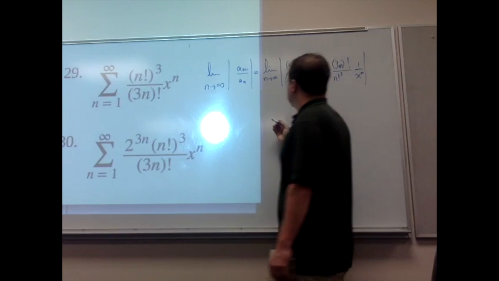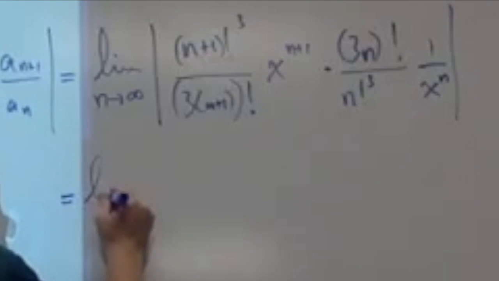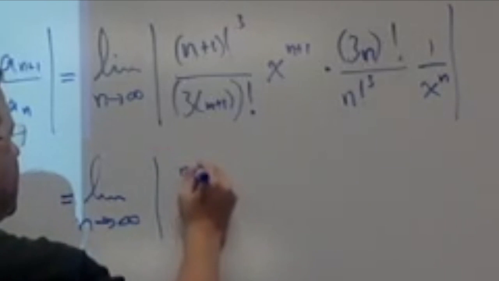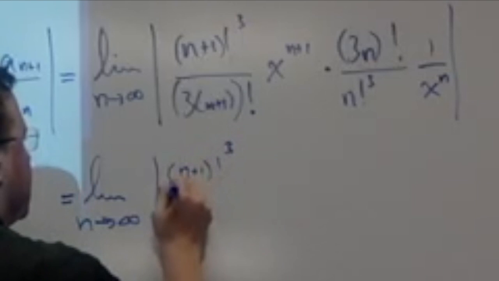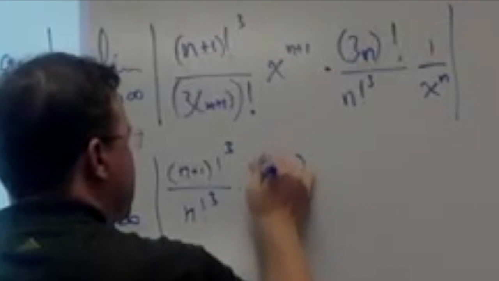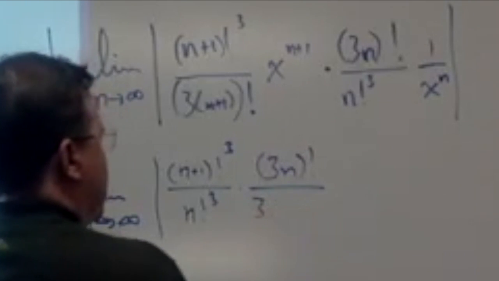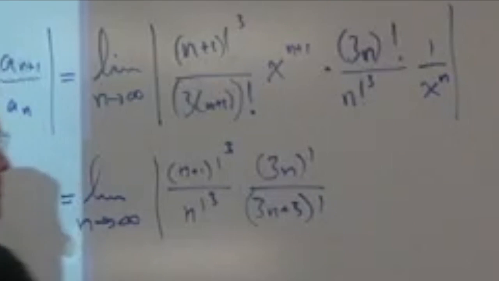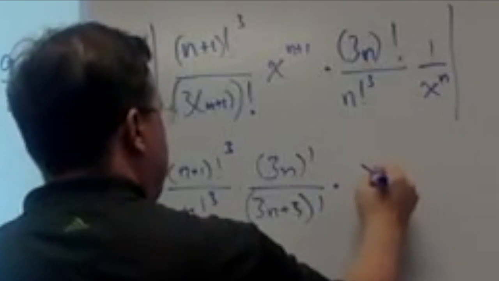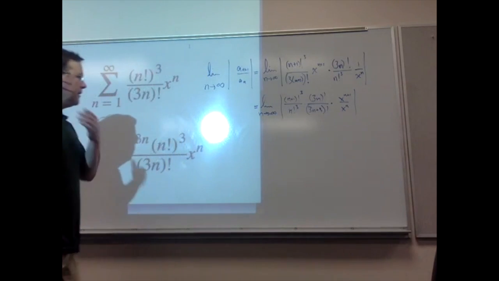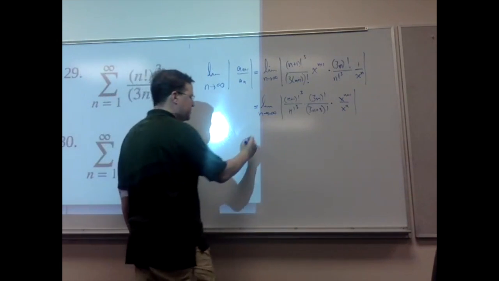So in my next line I would say the limit as n goes to infinity of n plus 1 factorial cubed over n factorial cubed, 3n factorial over, I'll do some algebra here, how about 3n plus 3 factorial, and then I have x to the n plus 1 over x to the n. And we'll look at each of these 3 cases.